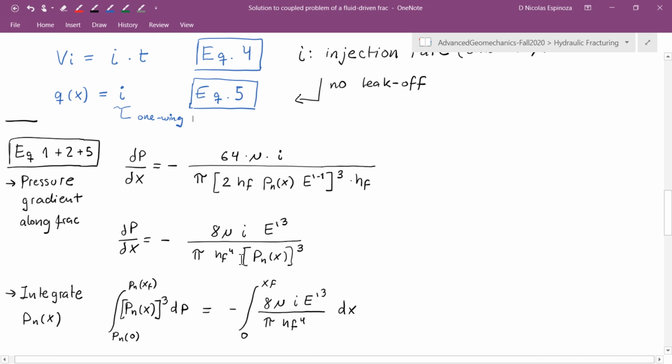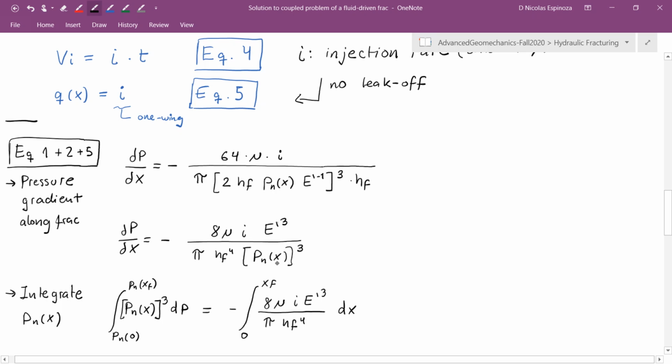The next thing we're going to do is, in order to solve this equation, now this is just a derivative, a gradient. In order to solve this simple differential equation, we're going to integrate the equation, going from the position x equal to 0 where the fracture starts to the tip of the fracture, which is the position xf. So here I have my variable that I'm going to integrate, the variable dp, and what I'm doing is separating variables.